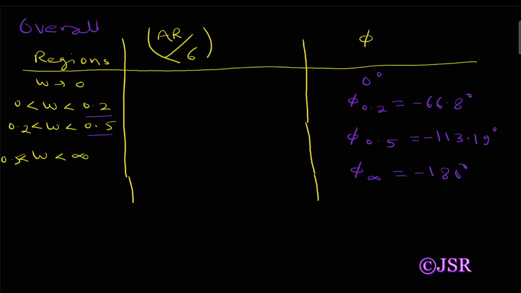And the amplitude ratio, when omega tends to 0, we have the low frequency asymptote, and this value AR by K tends to 1.